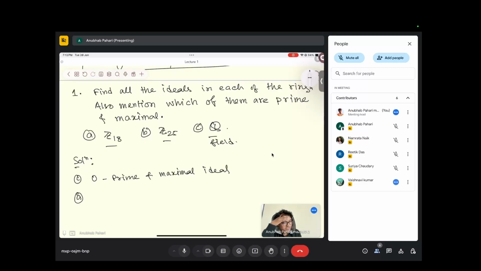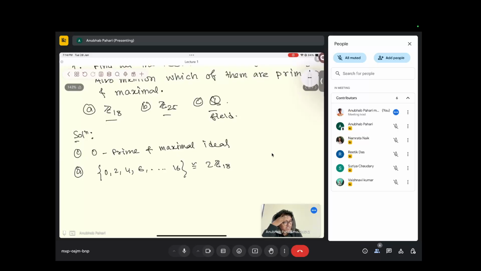What if we take 0, 2, 4, 6, up to 16? That is 2Z18. And 3, 9, up to 15 should be 3Z18. 2Z18 and 3Z18 would be the prime as well as maximal ideals, right?